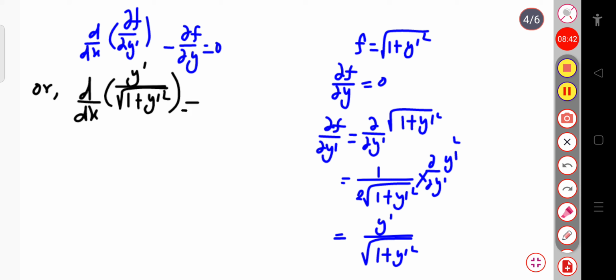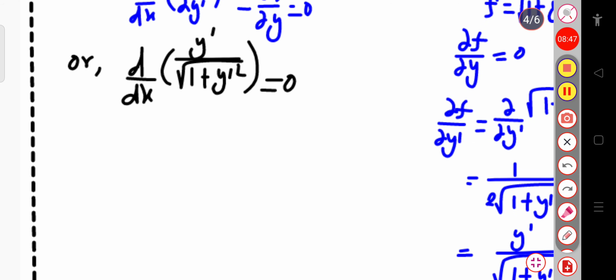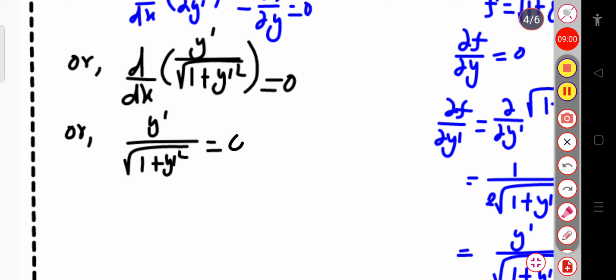So I can directly write this equal to 0. Now you can see this expression, d by dx of this term equal to 0. Or simply we can write this term is constant, that is y′ divided by root over of 1 plus y′ square equals constant.